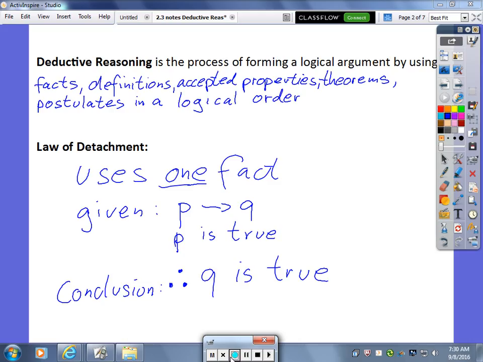For the law of detachment, think about detached. Detached means separated from everything else, right? We're using one fact only, not a number of facts, as in the other law that we will discuss in a moment. One fact only, that's the law of detachment.